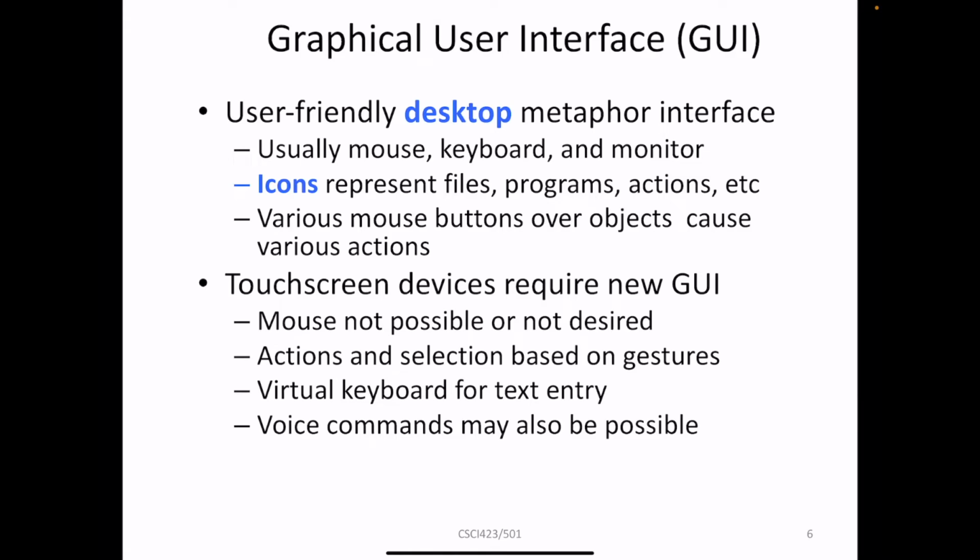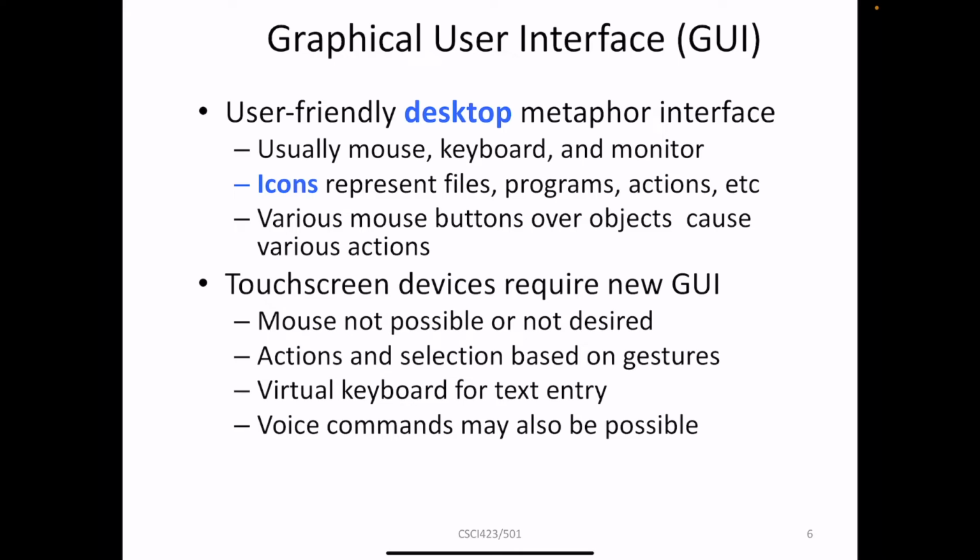Instead of using a mouse as a control input device, you can use different gestures to control the mobile devices. For example, you may know what the single touch means and what the double touch means. And when you use two fingers to touch the screen and move in different directions, it means different commands.